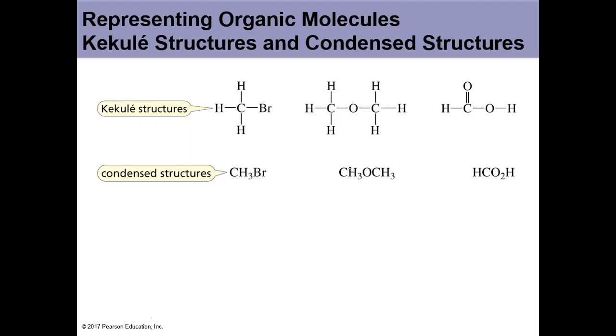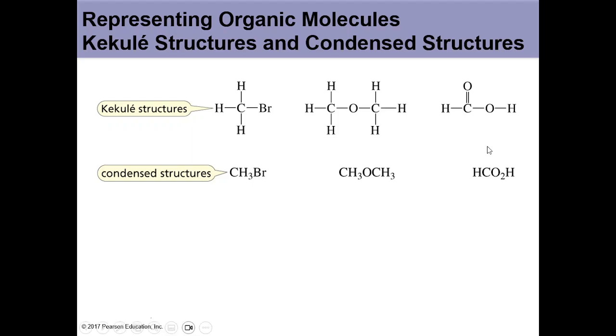We're actually trying to show some structure information in these condensed structures. You can see CH3 as a group of atoms next to the bromine. In the second example, there are 2 CH3 groups connected by an oxygen in the center. In this acetic acid example, there is a CH group along with a COOH group next to a hydrogen.